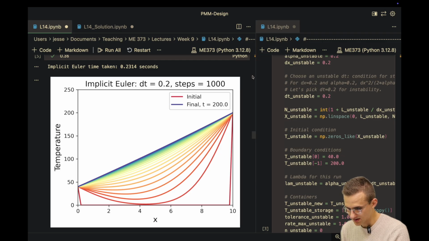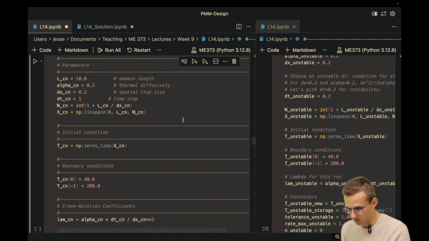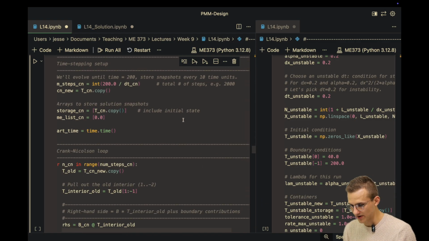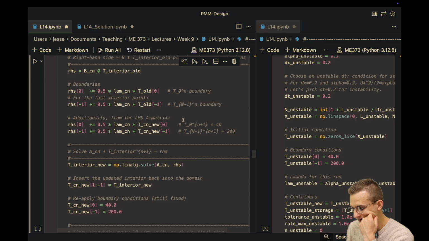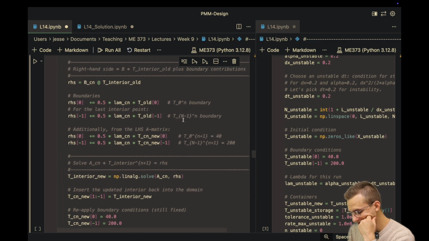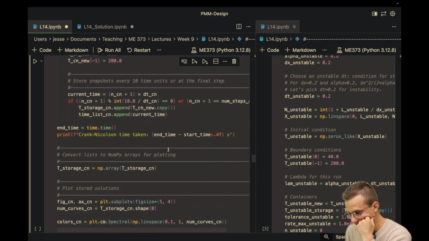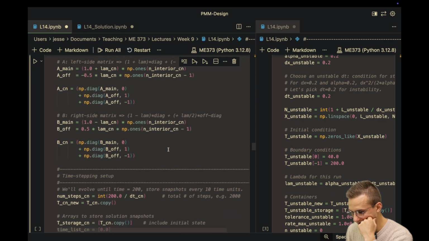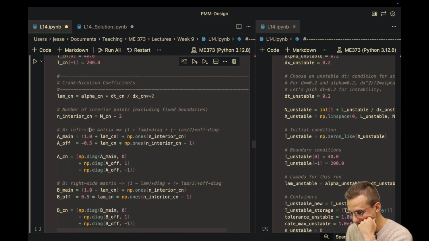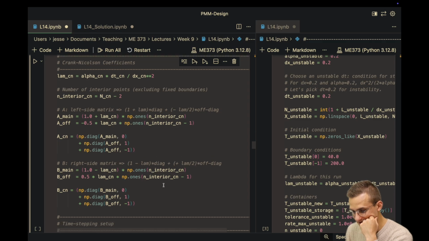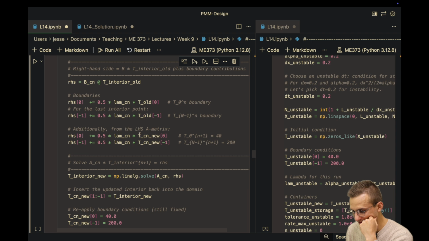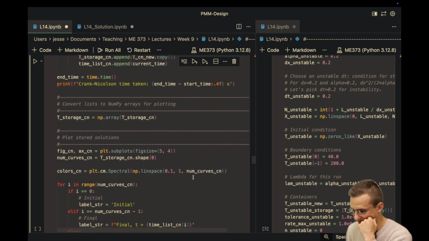All right. And then what I'm doing next is I wanted to implement Crank-Nicolson one time for you guys. You can kind of go through this. I'm not going to actually write out any code for the Crank-Nicolson side, but the main idea is you're just creating two matrices with the values that we discussed in the lecture, and then you have to deal with the boundaries for both the new and the old time step, which is fine.